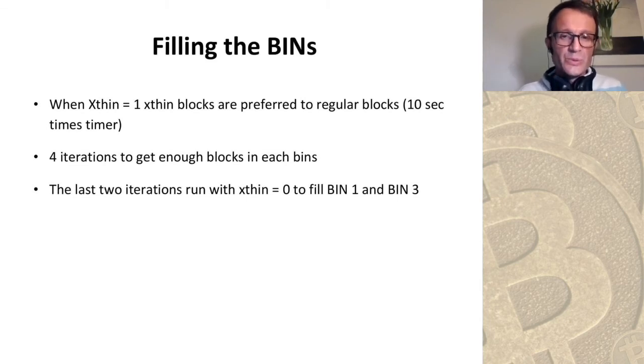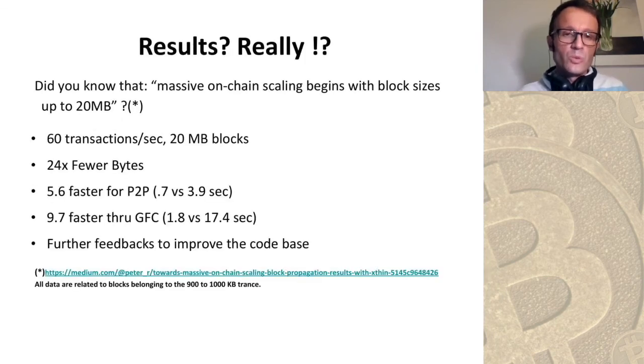At the end, the results that we found were pretty amazing, if you ask me, because we have seen that due to the reduction in bandwidth utilization, we could today, with the current P2P networks, with the current constraints, both in terms of Great Firewall of China, network latency, CPU bandwidth, whatever you can come up with in terms of hardware and technology constraints, we could achieve a rate of 60 transactions per second.